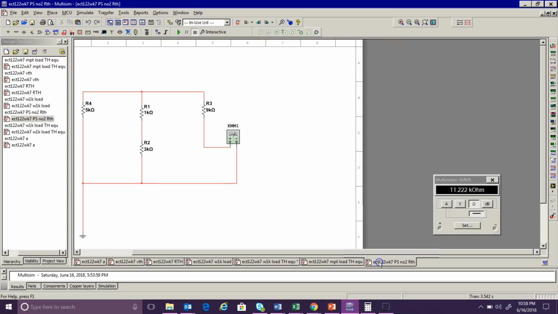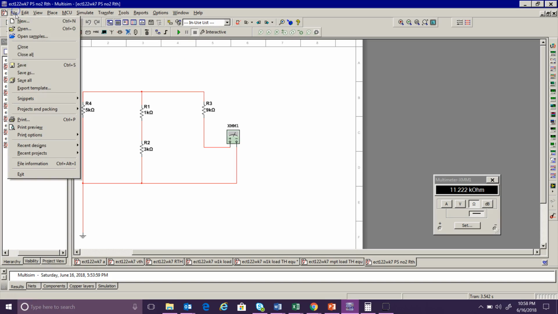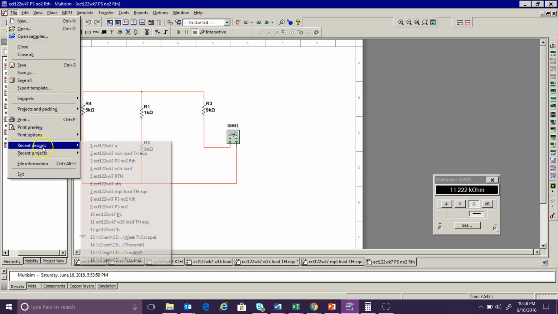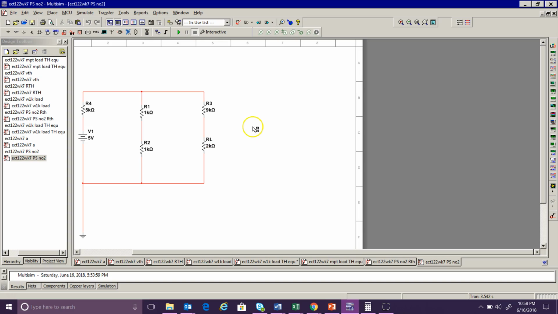Okay. Let's look at one more example. Here's the circuit. So let's say we have a series parallel circuit here.